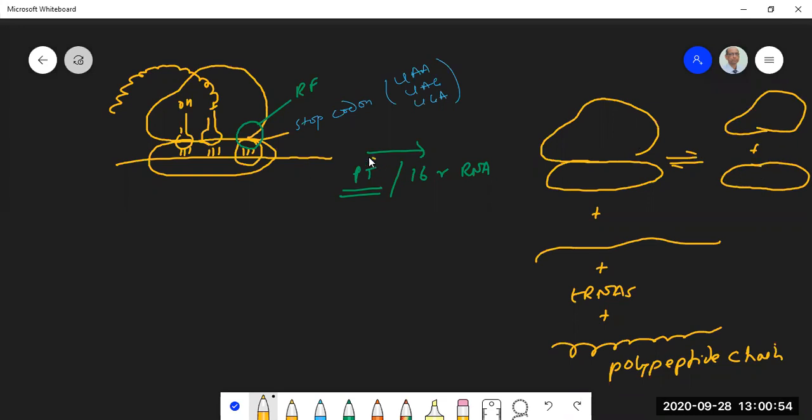So what does this peptidyl transferase do? This peptidyl transferase cleaves this bond. This bond is broken by the peptidyl transferase. So let me make it for you. So this is the kind of bond you have. This is Rn.